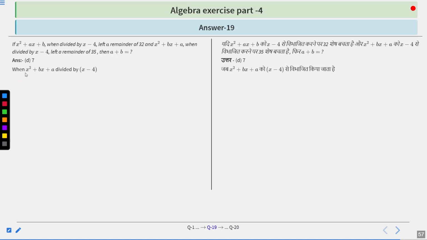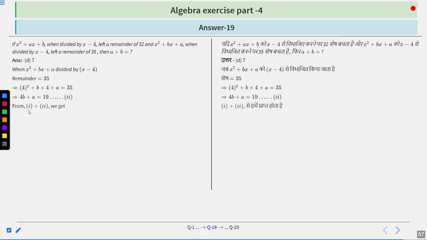Then we have, when x squared plus bx plus a is divided by x minus 4, the remainder is 35. Therefore, putting the value of x as 4, we get 4 squared plus b into 4 plus a equal to 35. Then 4b plus a becomes equal to 19, that is equation 2.